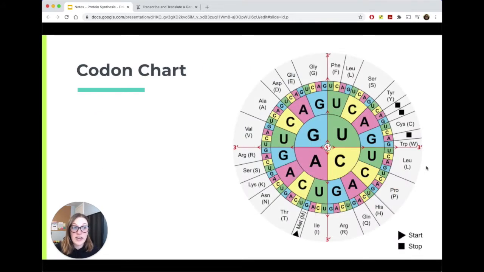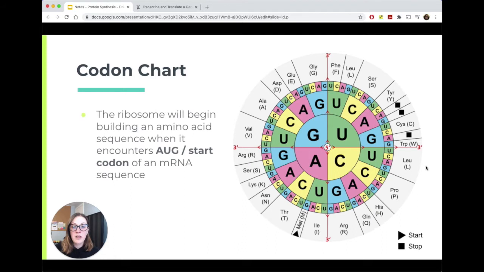We can understand how this works by using a codon chart. Say, for example, I extracted an mRNA molecule out of a cell, and I wanted to know what specific type of protein it codes for. What is the sequence of amino acids for that protein? Well, I can use a series of steps to read the A's, U's, G's, and C's of that mRNA in order to understand the amino acids. And the ribosome will do this process as well.